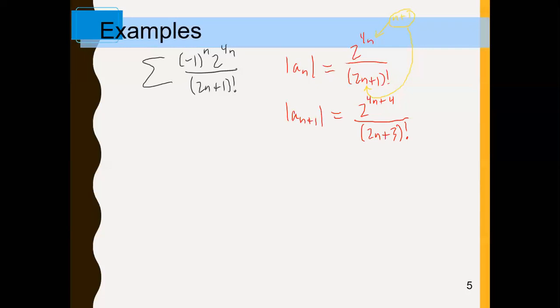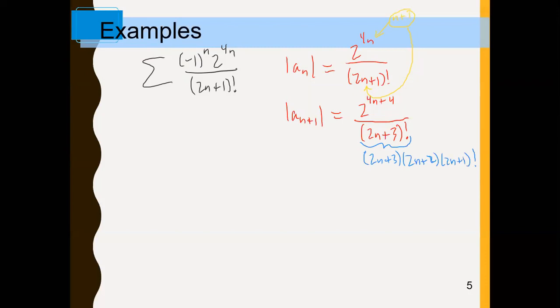So what about this guy right here? What about the factorial? (2n plus 3) factorial is 2n plus 3 times 2n plus 2 times (2n plus 1) factorial, yeah? So this is 2n plus 3 times 2n plus 2 times (2n plus 1) factorial. And believe me, this is good preliminary legwork here.